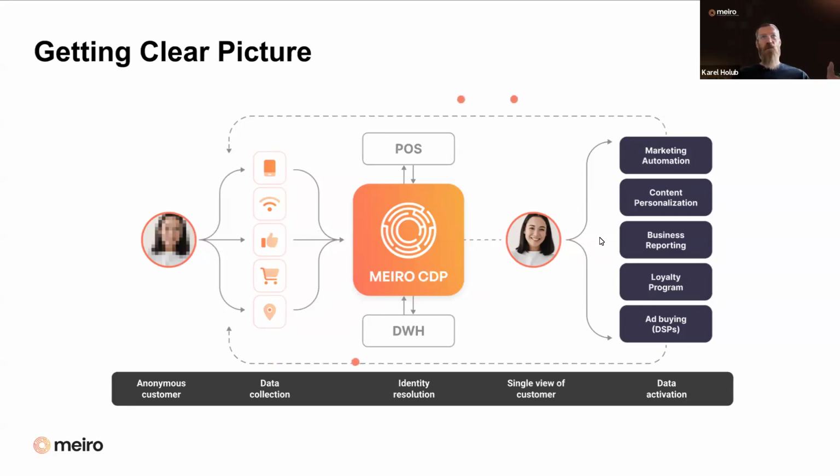From the anonymous customer, we are collecting the data from any touch points on the digital customer journey. So it can obviously be a website, a mobile application, or social media, as much as social media is willing to share about the clients, which to be honest is not much.